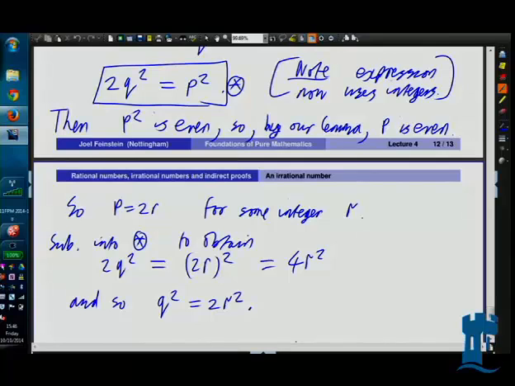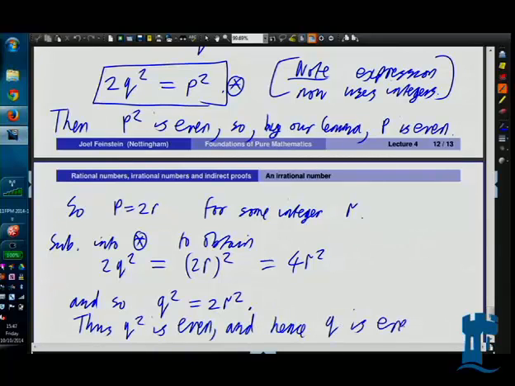So what can we do now? Any suggestions? Yeah? So q squared's even, and hence q is even, by the same standard fact as before.